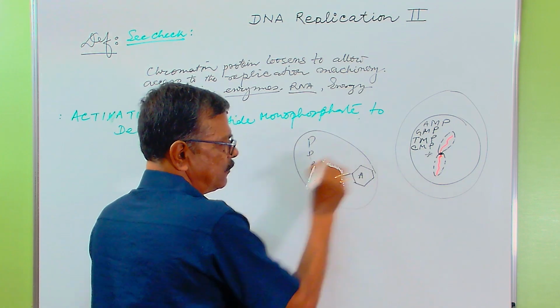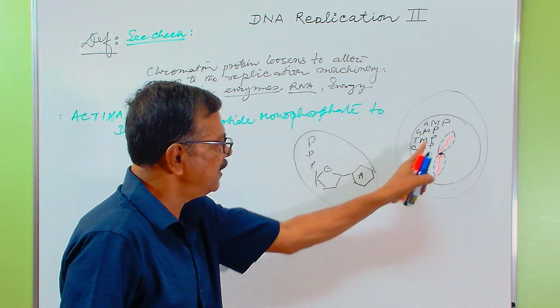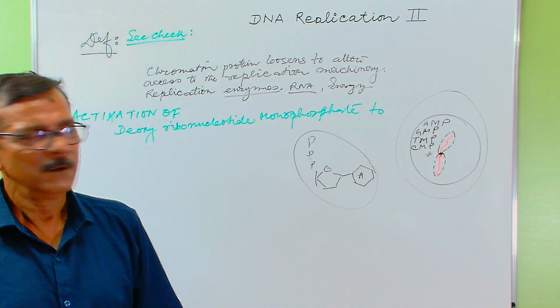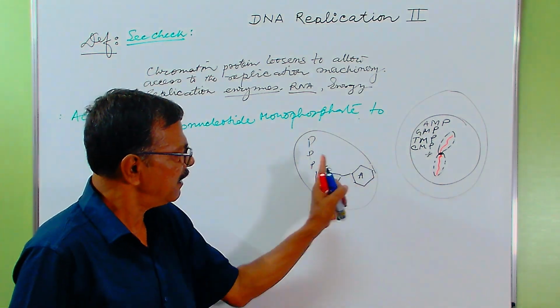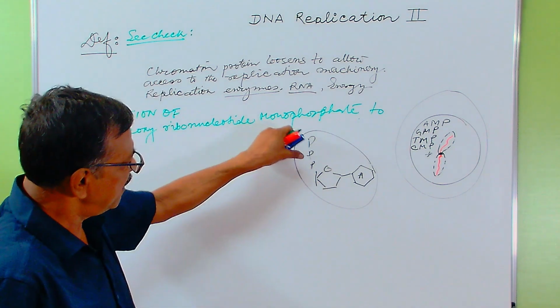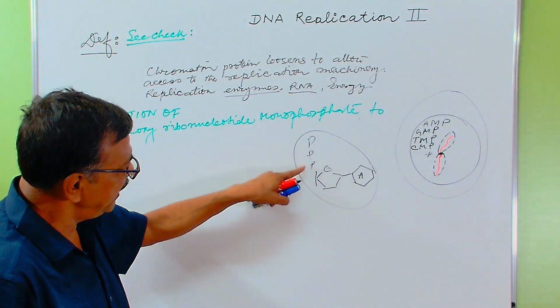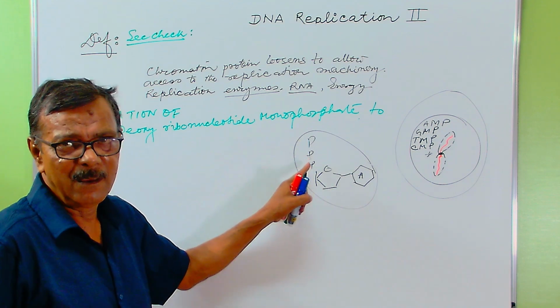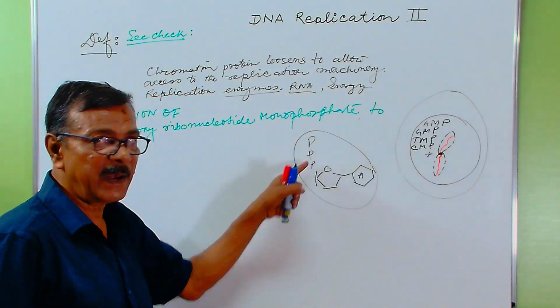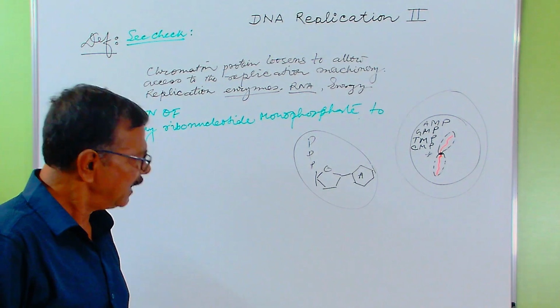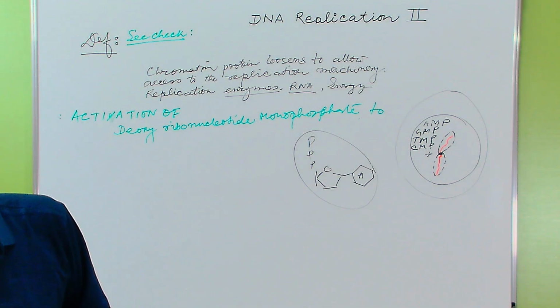One base we have produced. Likewise 2, 3, 4 bases. 4 bases we have produced. Although in the nucleotide they have a single phosphate, we are ready with another phosphate. Whenever this bond breaks, it will release energy. Anyway, now these two things we have prepared.